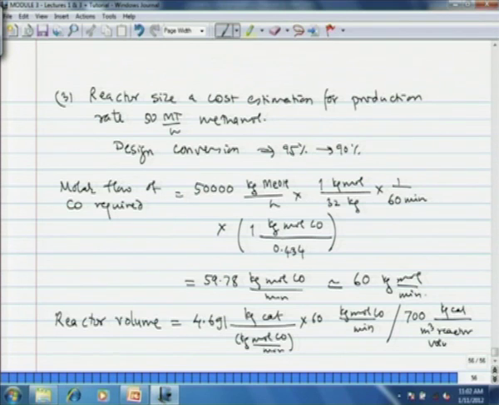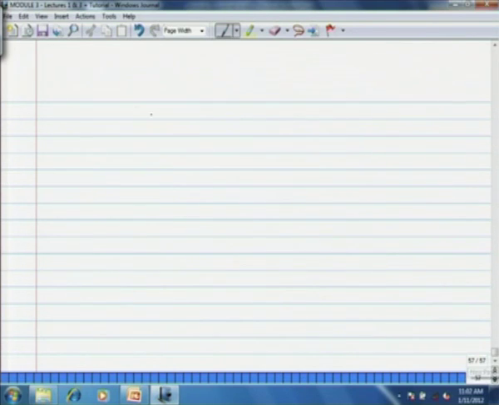Remember, this is not the actual density of the catalyst, it is the packing density of catalyst. So, this turns out to be the volume is equal to approximately 0.4 meter cube reactor volume.